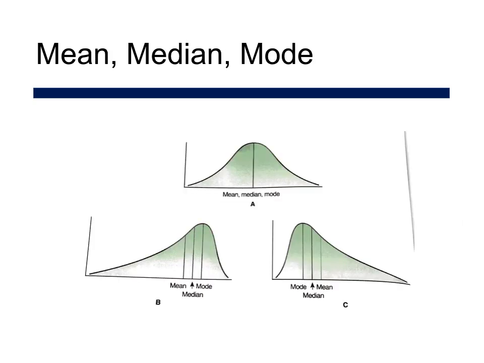These figures represent the mean, median, and mode when representing symmetrically distributed data. So that's on the top. A would represent symmetrically distributed data. The figure B is representing data that is skewed left or negative skew, and C represents data that is skewed right. So you can see how the mode, median, and mean fall in the skewed data.